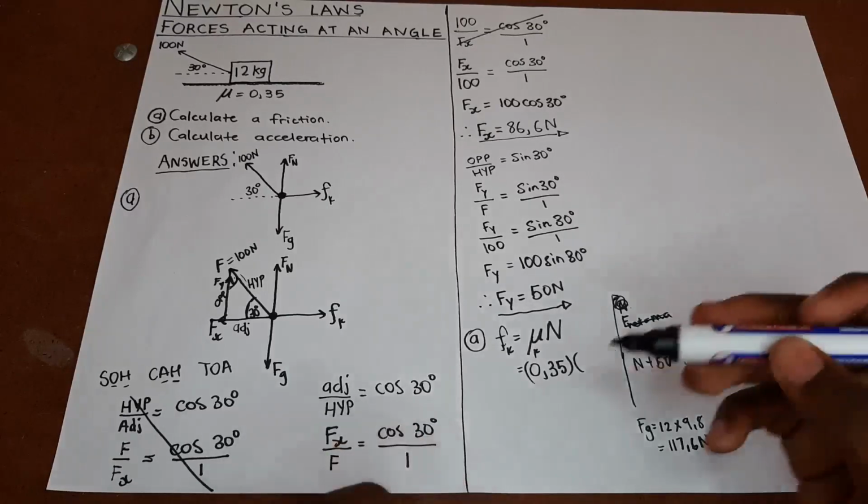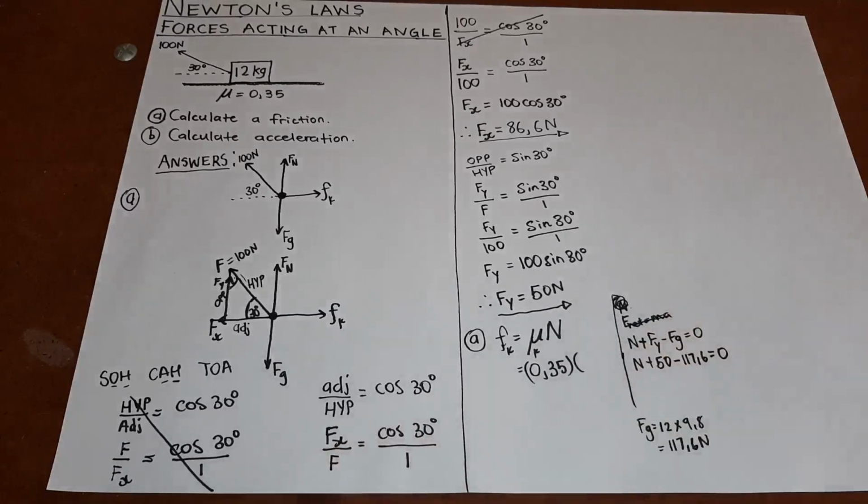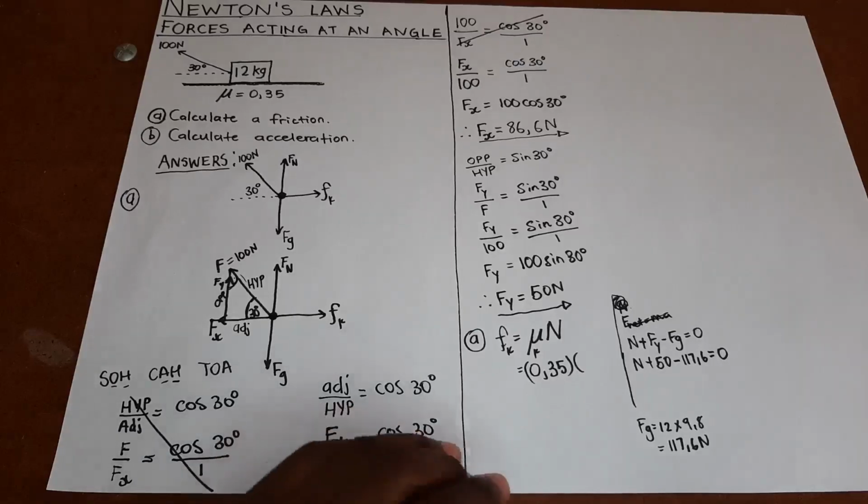So 50 minus 117.6 is equal to negative 67.6 newtons.